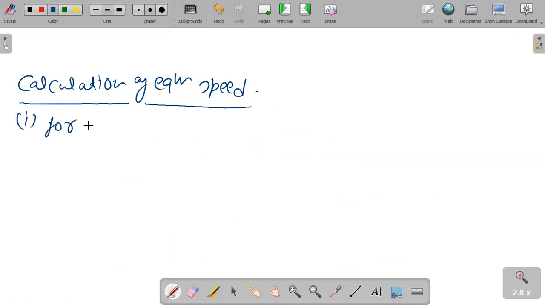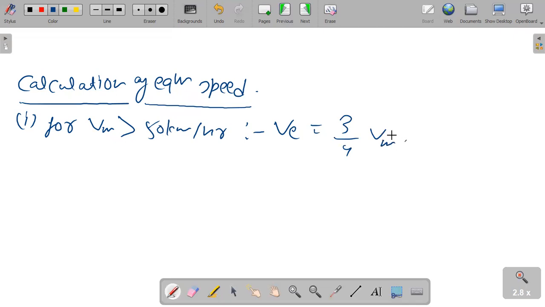For maximum permissible speed Vm greater than 50 kilometers per hour, our equilibrium speed V is 3 by 4 of Vm or Vs, whichever is less. If 3 by 4 Vm is less, we choose that; if 3 by 4 of Vs is less, we choose that. This is the method to calculate equilibrium speed.